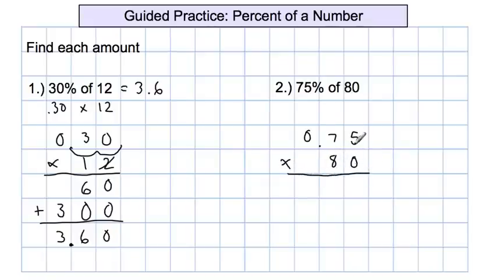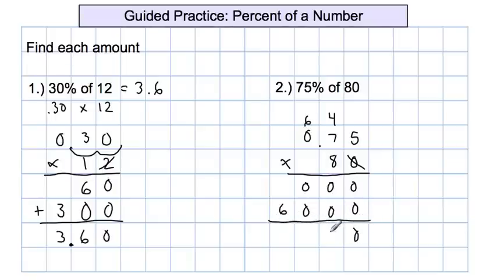All right, 0 times 5, 0 times 7, and 0 times 0. Placeholders, 8 times 5 is 40. 8 times 7, 56, plus the 4 is 60, and then 8 times 0 is 0, plus the 6 is 60.